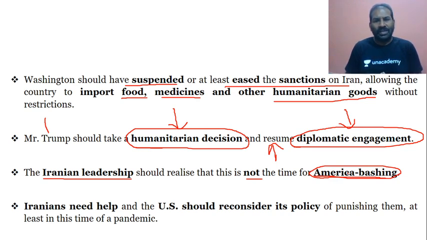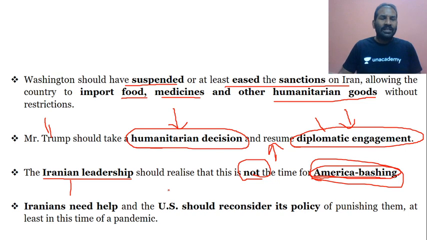That is not really required at this moment. That is the way forward for Mr. Trump in resuming the diplomatic engagement, and for the Iranian leadership in not abusing America and hurting their sentiment, so that the easing of sanctions does not fail to take place. And Iranians need help at this moment, definitely.